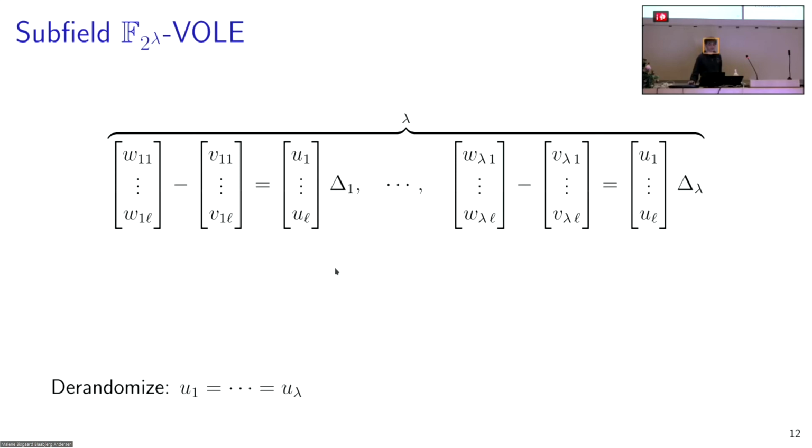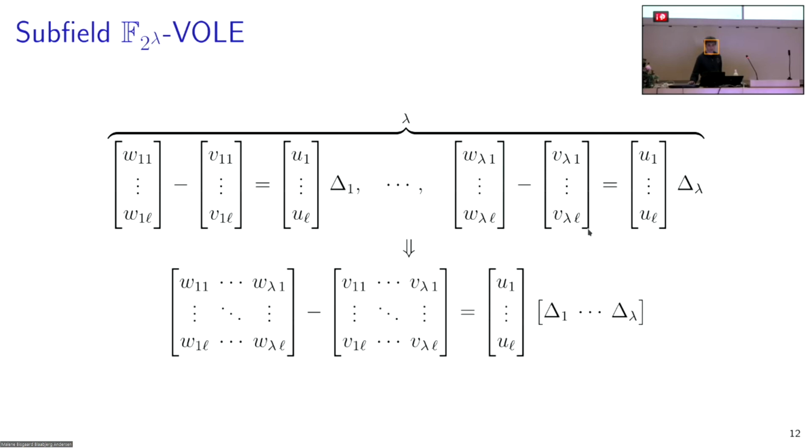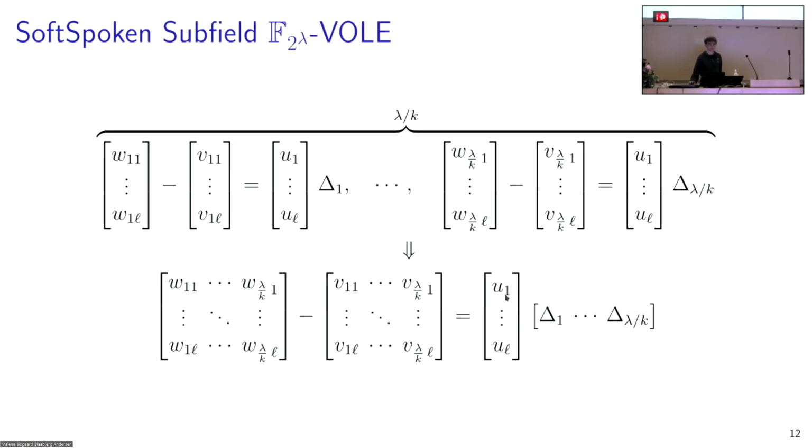This costs lambda bits for each OT, again, because there's lambda of these things. Now we can stack all of them side by side nicely, now that all the U's are the same. If we stack them side by side and interpret each row as a member of F2^lambda, then this becomes a subfield VOLE. And for SoftSpokenOT, the step is virtually the same. However, the input is only lambda by k of these subfield VOLEs instead of lambda VOLEs.